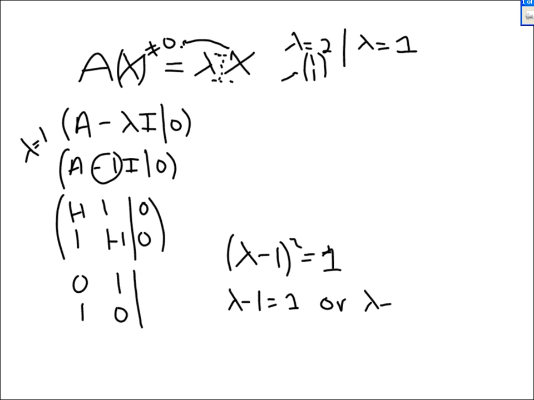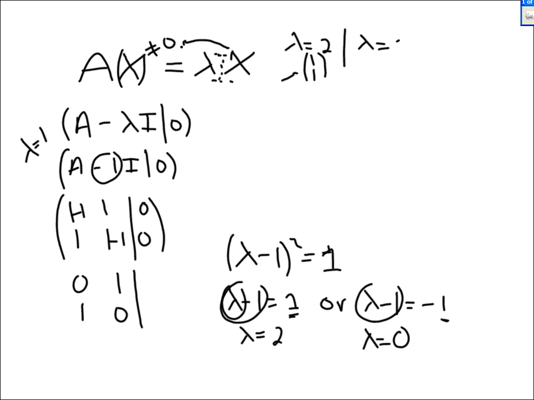Or lambda minus 1 is negative 1. This is either 1 or negative 1. Well, 2 minus 1 is 1, so this lambda is 2. And 0 minus 1 is negative 1. So I'm sure I said that, but somehow I wrote 1 down. I said 1 so many times, but nonetheless wrong.